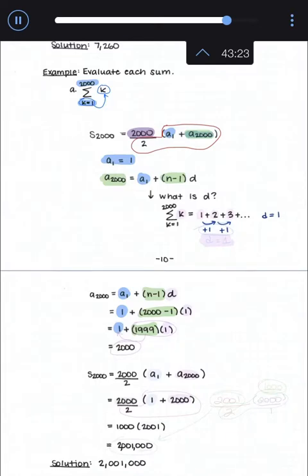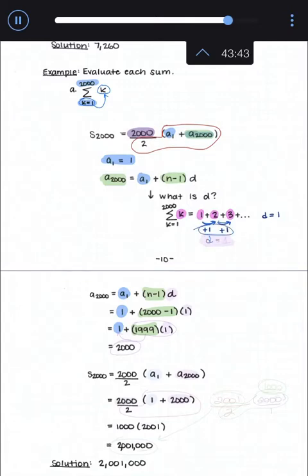Well, to figure out what our common difference is, we need to know what the sum looks like. Our sum takes each number and just adds them up. So it starts with 1, then 2, then 3, then 4, then 5. The common difference is just how to get from one number to the next. Notice, what are you doing to get from one number to the next? You're just adding 1.